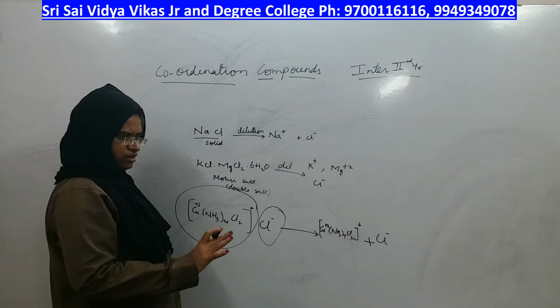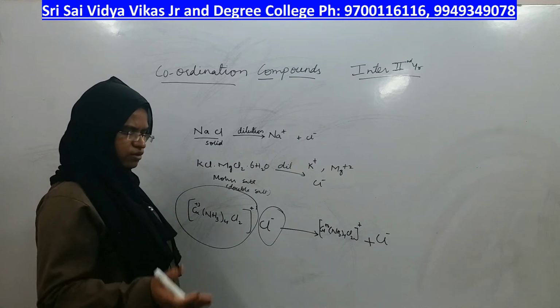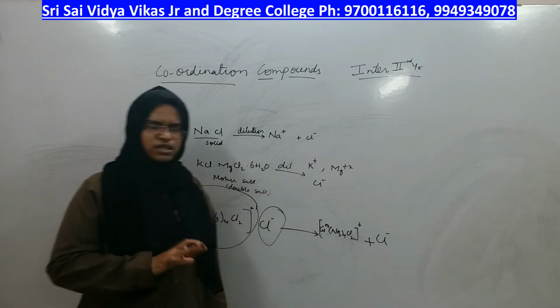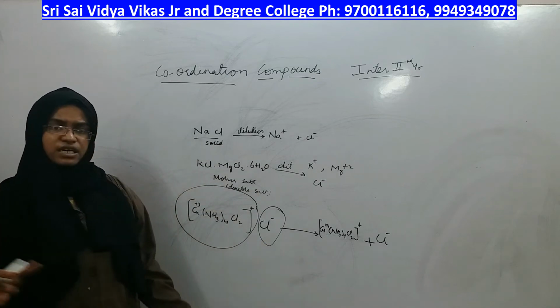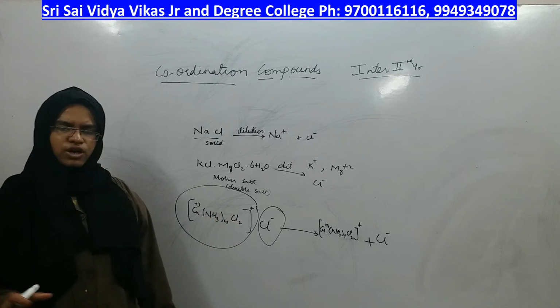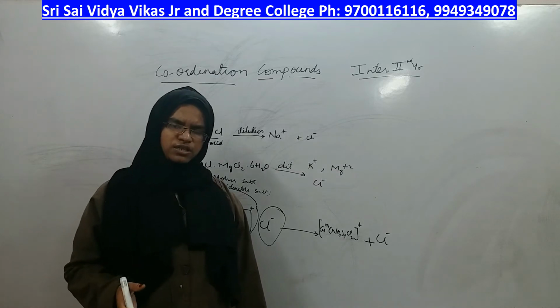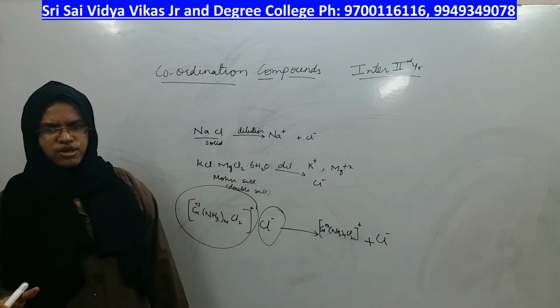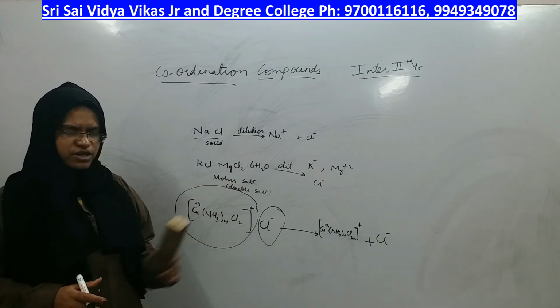Whatever is inside the square bracket will not come out, whether you add water or whatever it is. Once they form, they are final. Their identity changed after making a coordination compound, and they show different properties. Before the coordination compound, their properties were different; once it is formed, their properties are different, right?